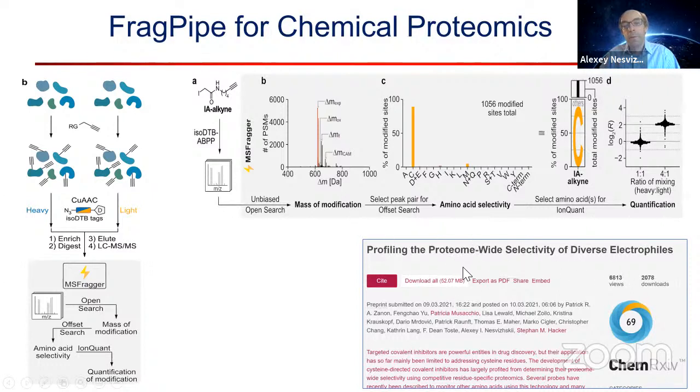Here they looked at how we can perform proteome-wide profiling of diverse electrophiles, and it's really nice work. Again, I welcome you. It combines everything: open search, mass offset search, IonQuant, and SILAC. Everything is combined here in one really nice application. So here is the reference.